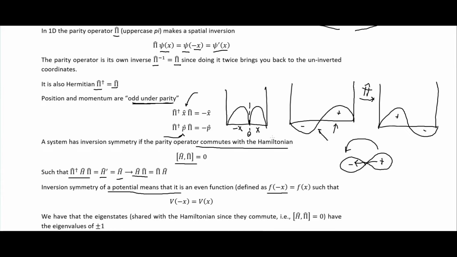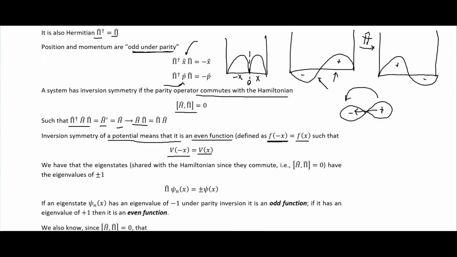And so that's what an even function is, one where f of minus x is just equal to f of x. So when we have an inversion symmetry in our potential, that means that our potential term with the minus input is equal to the potential term with the positive input.